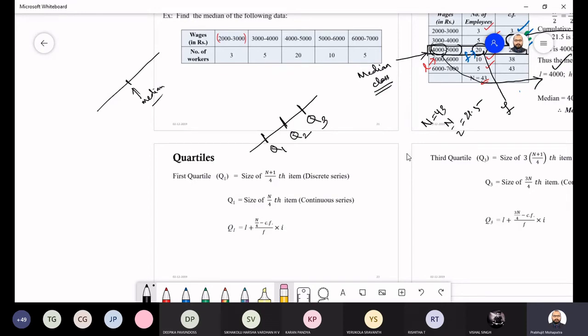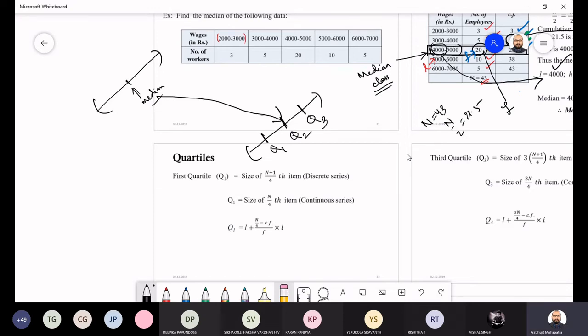Now you tell me whether there is any relation between the median and quartile. The median is same as the second quartile, exactly.